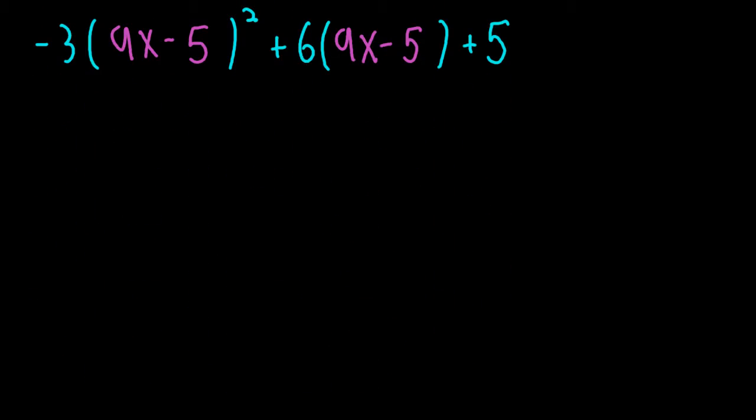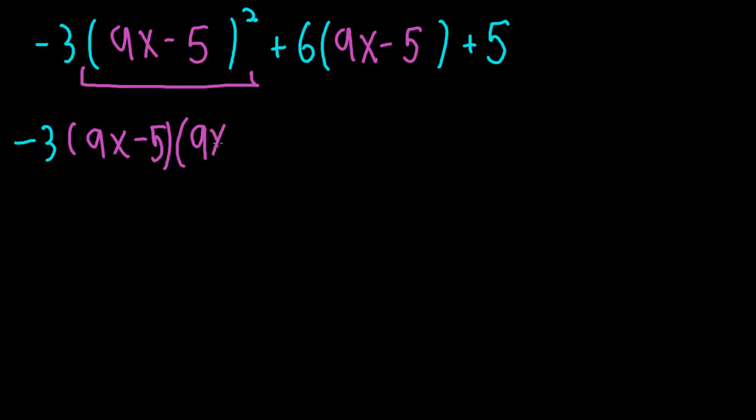I'm going to write negative 3, and then I'm simply going to separate this term right here out as times 9x minus 5 times 9x minus 5. All I did was, since I had 9x minus 5 squared, I separated it out so I knew to distribute later.